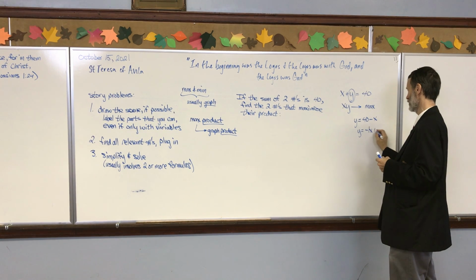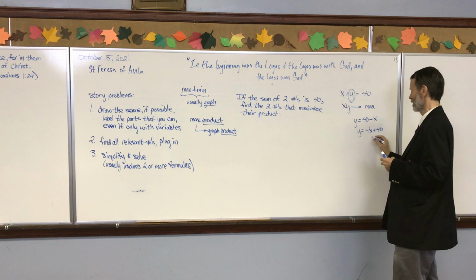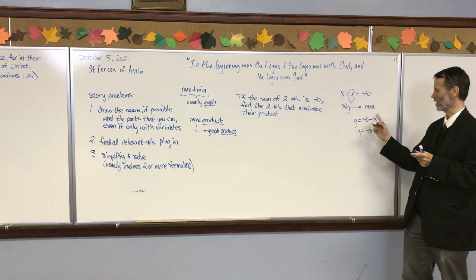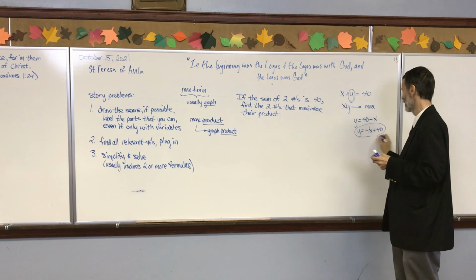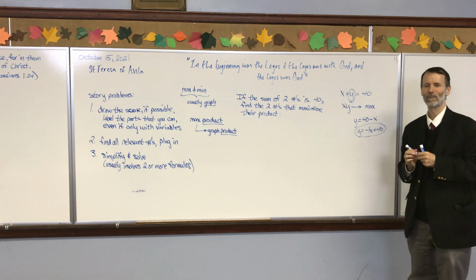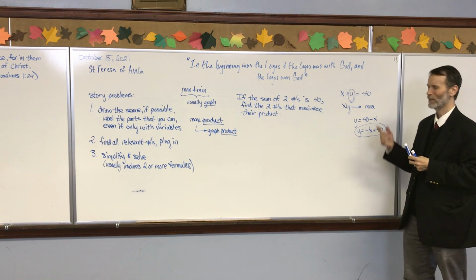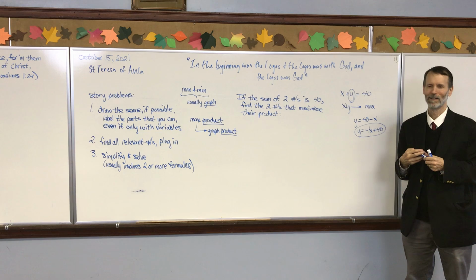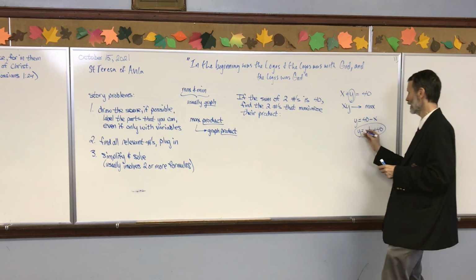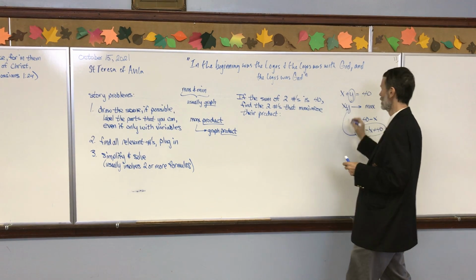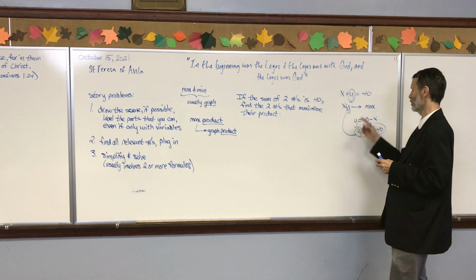Negative 1x plus 40, good. Did we see why this subtraction is not commutative? So we got this. What would you do with that? Nice. Why would we get Y by itself? Yeah, plug it in to the area or to the product formula.